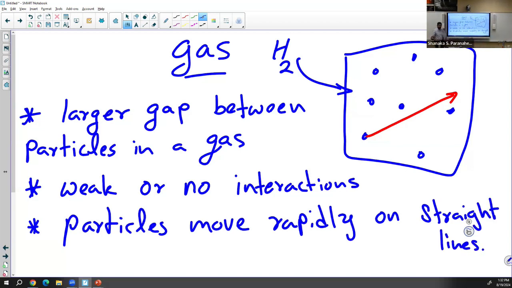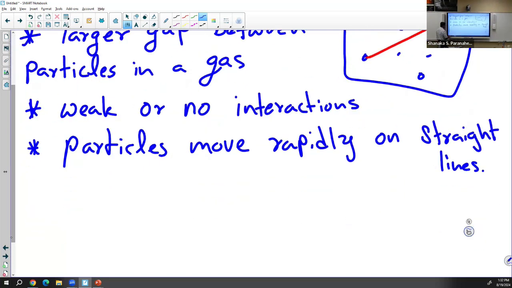Anything that is in fast motion has more energy. More energy means it's going to be on the high temperature side. So gases are going to be on the high temperature side.